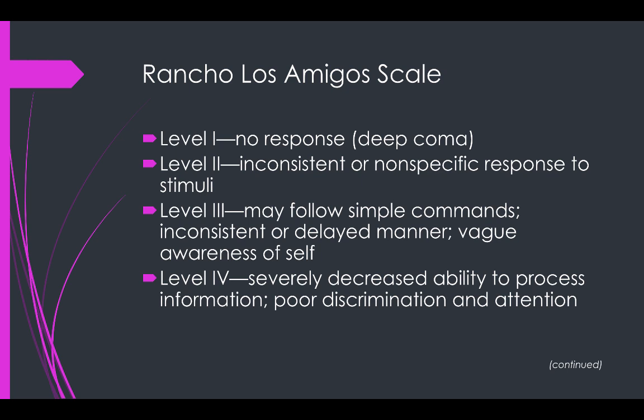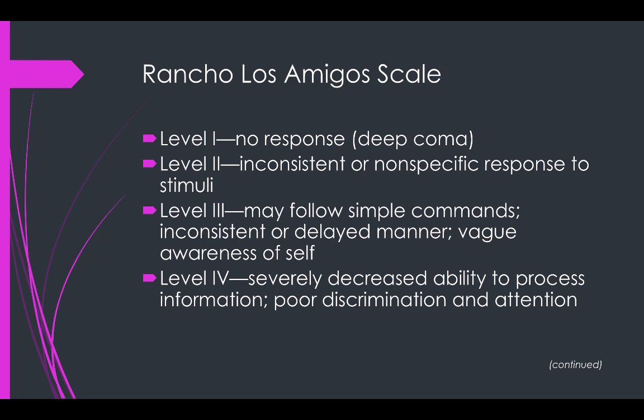Level 3, they may be able to follow some very simple commands, very inconsistent and delayed, with a vague awareness of who they are, may be communicating by pointing, maybe some writing.